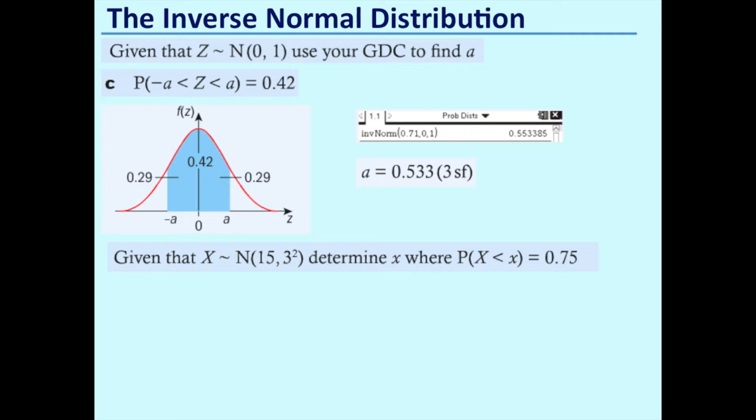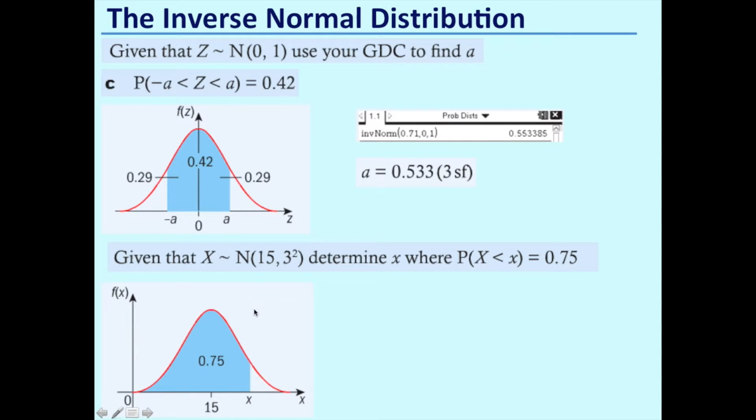Given that x, the random variable x, is normally distributed with a mean of 15 and a standard deviation of 3, determine the value of x such that the probability that x takes a value smaller than x is 0.75. So this isn't the standard normal distribution z.